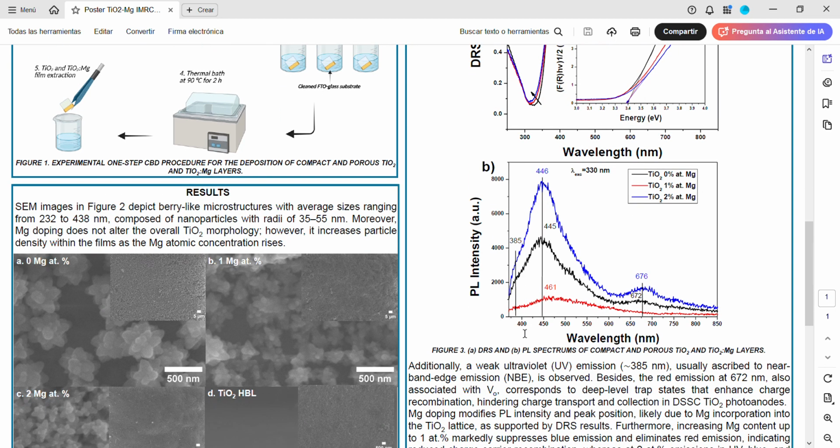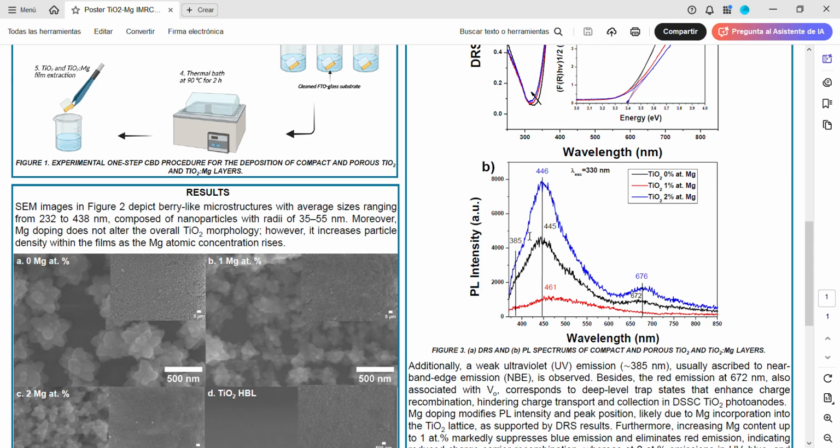From Figure 3b, titanium dioxide layers display 2 dominant emissions in the blue and red regions. The broad and intense blue emission at about 445 nanometers is commonly attributed to the presence of oxygen vacancy defects or to self-trapped excitons associated with the titanium dioxide octahedral lattice, both of which are typically classified as shallow trap states.